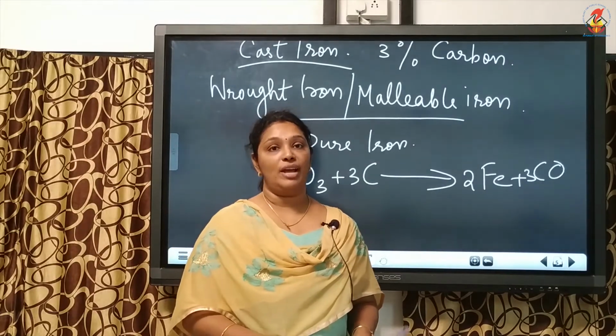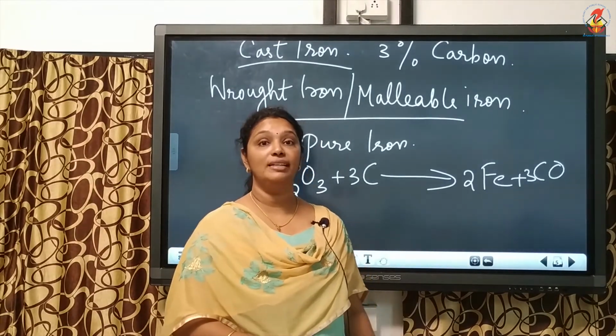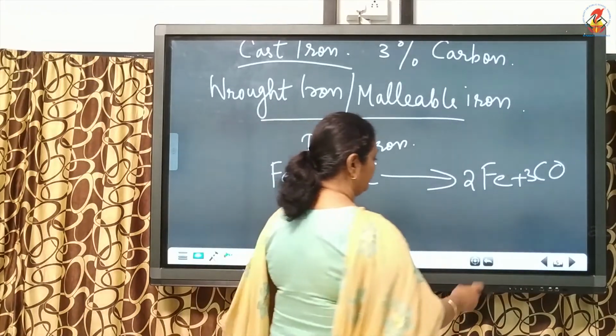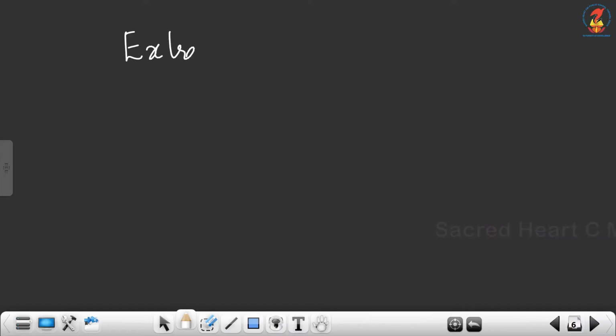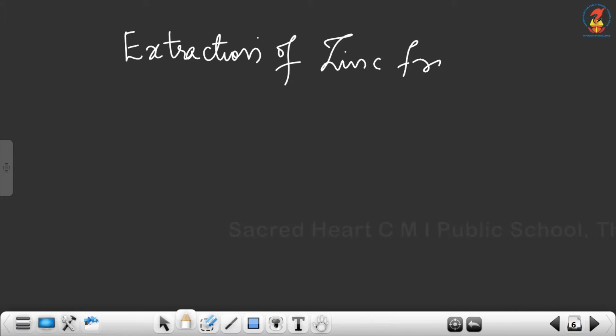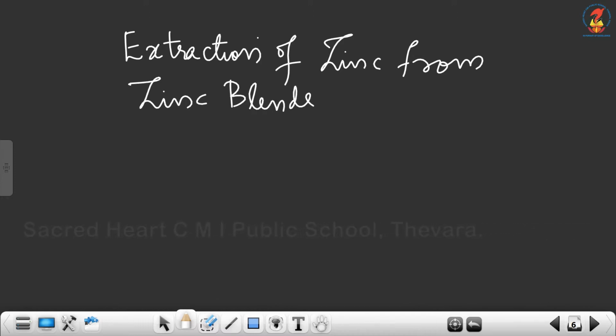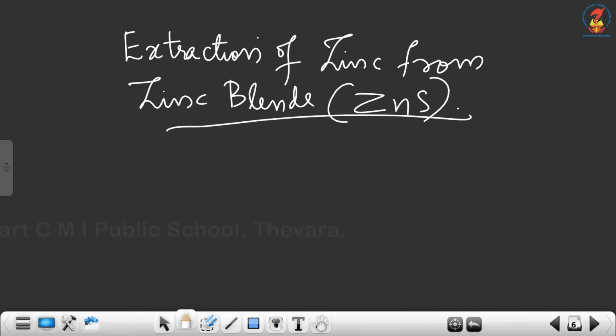Now, the second extraction is extraction of zinc from zinc blend. Zinc blend formula is zinc sulfide.